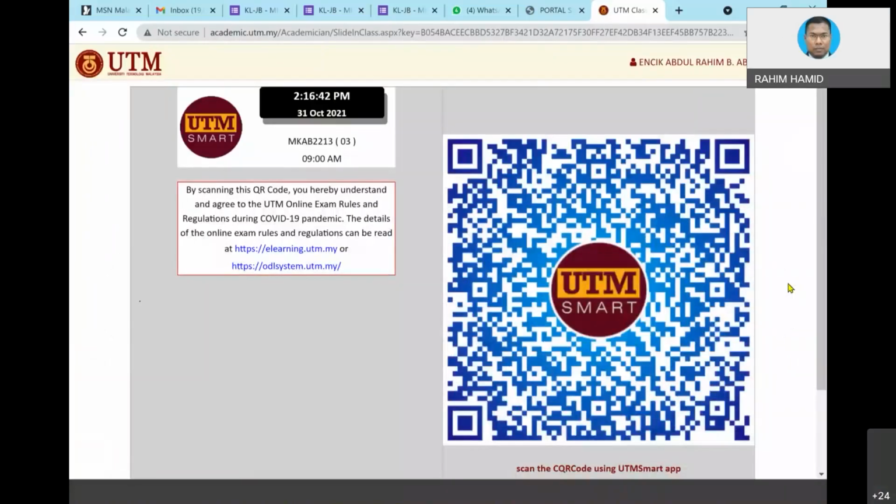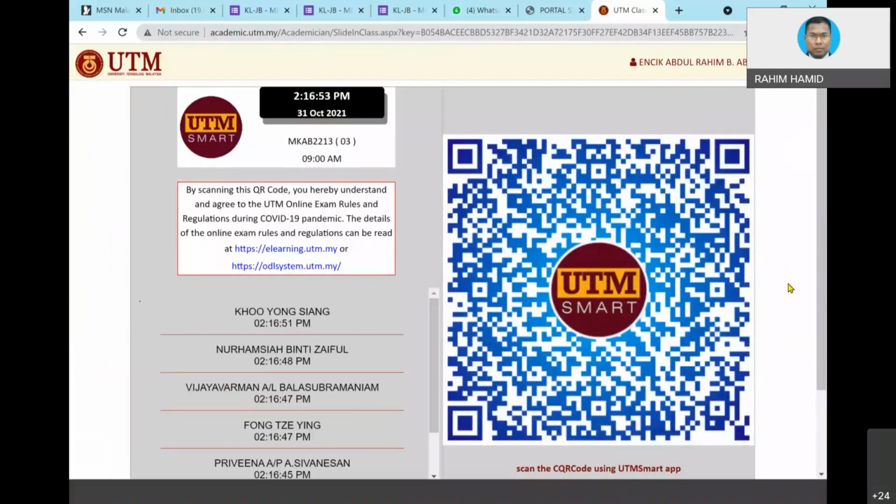Okay, so please scan yours using UTM Smart. Our next class would be in 2 weeks, if I'm not mistaken. I'm going to release one quiz. The quiz would be short answers that comprise everything that we learned in the first 2 days.